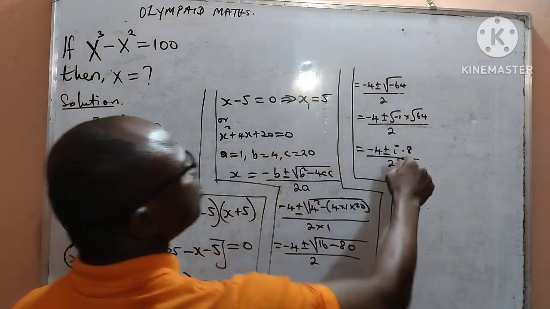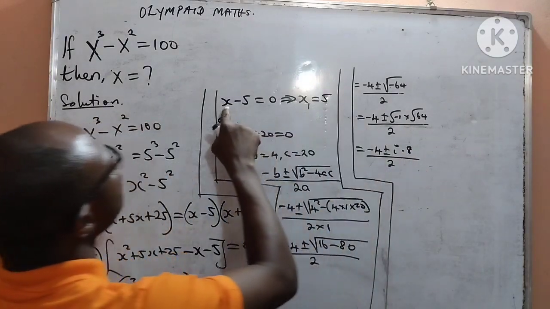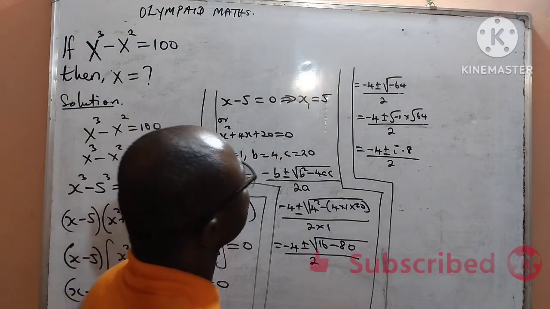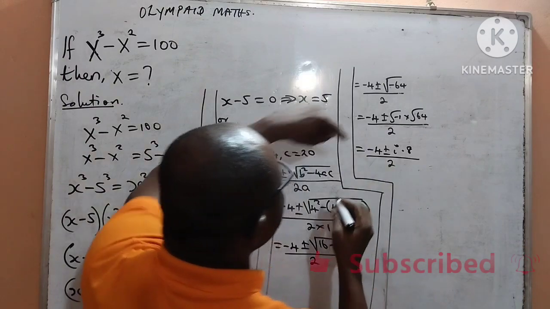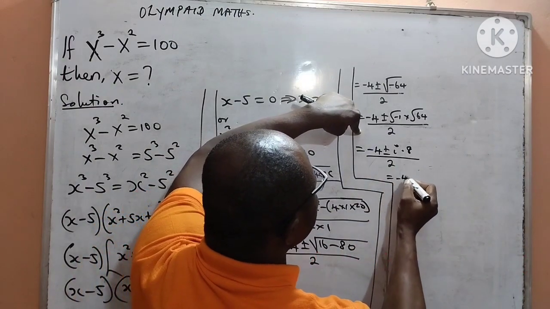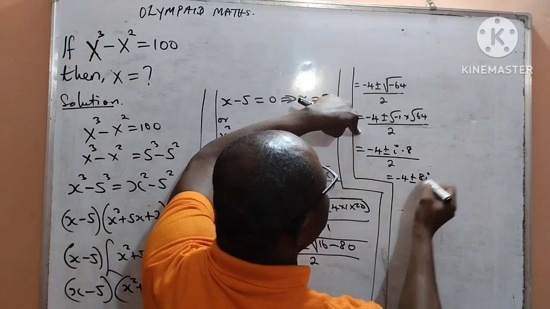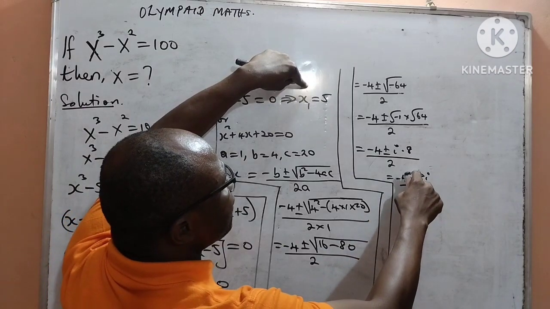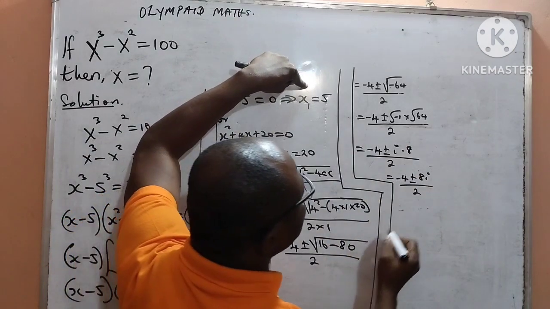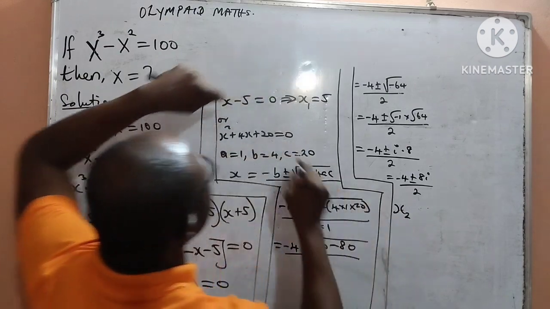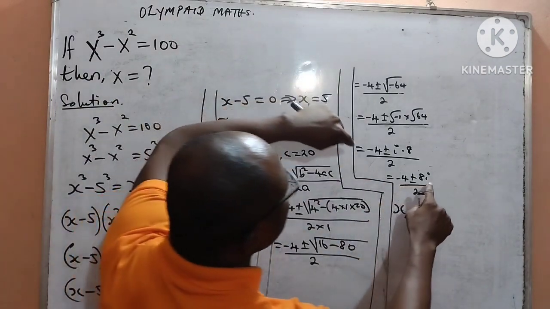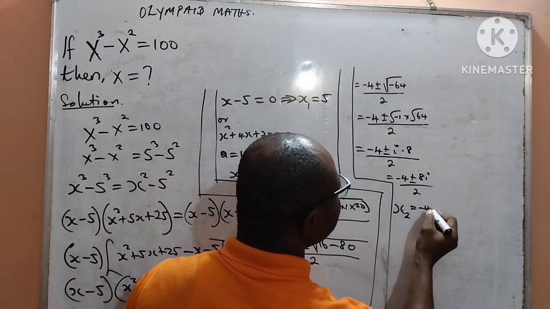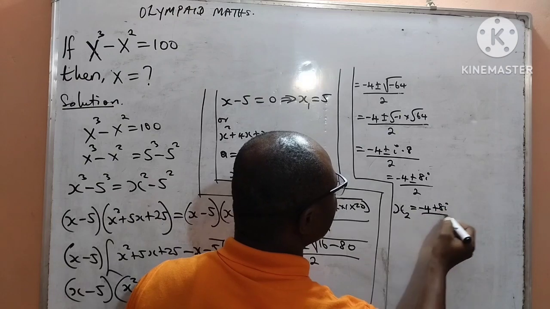Remember, from the second equation here, we are trying to get two values of x. And of course, we have gotten the first value of x, because x is meant to have 3 values. Moving forward, I will now have it written minus 4 plus or minus 8i all over 2. This implies that from here, the second value of x will be minus 4 plus 8i over 2.